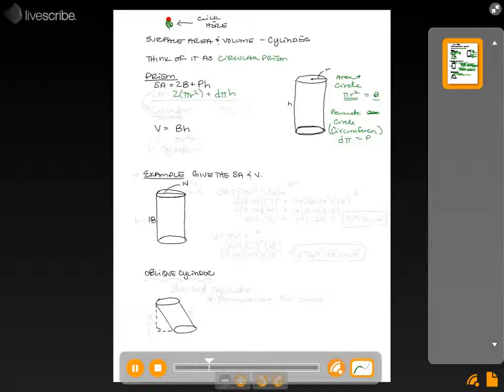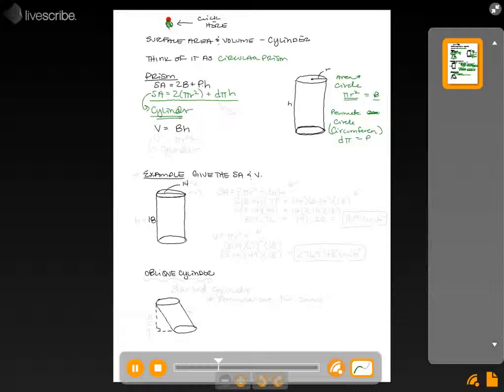We don't have to worry about remembering the base and the P and all of that. We really only need to know the radius, because if we know the radius, or if we know the diameter, we could figure out the other one. That's the formula for the surface area of a cylinder: 2 pi r squared plus d pi h.